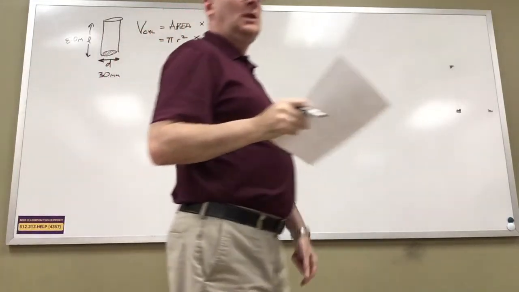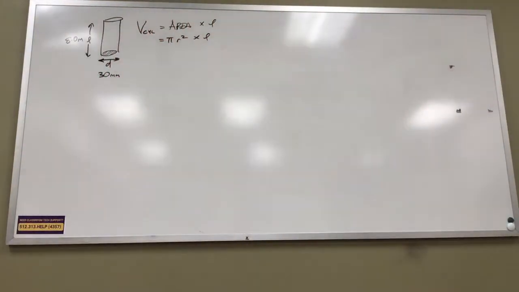Okay, small alarm bells should be ringing in your head because meters and millimeters are not the same unit. You're going to need to do a unit conversion. I typically find that it's easier to multiply up than divide down. I'm not going to convert 30 millimeters into meters.